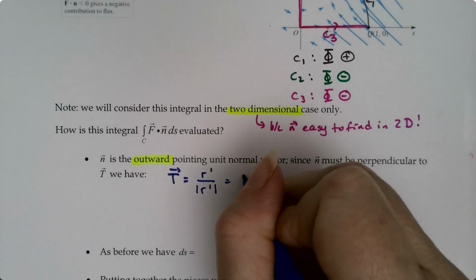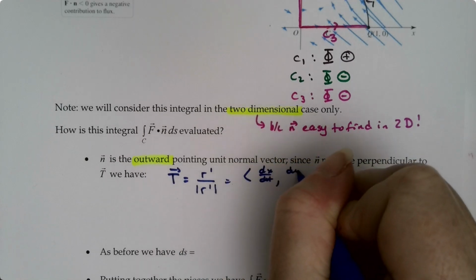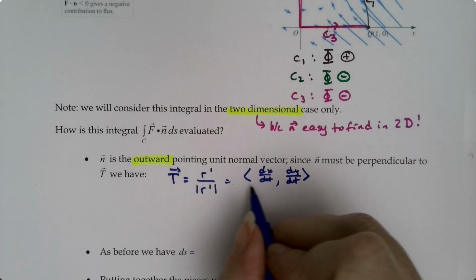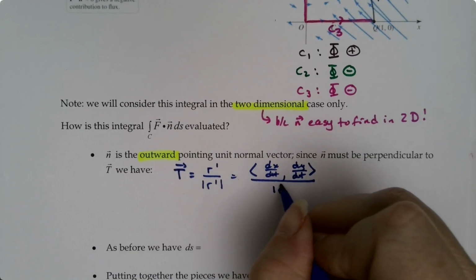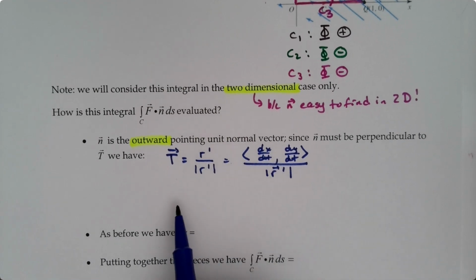And so that would be dx/dt, dy/dt over the magnitude of r prime. You know what it would be. All right, we don't have to worry about that part. Okay, so how does the normal vector change?